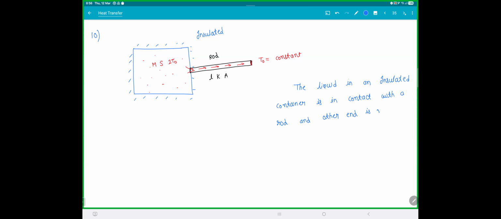The other end is maintained at T naught. So assume there is no other heat flow through radiation and everything. It's only conduction.